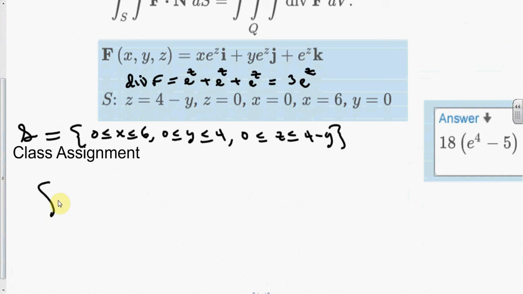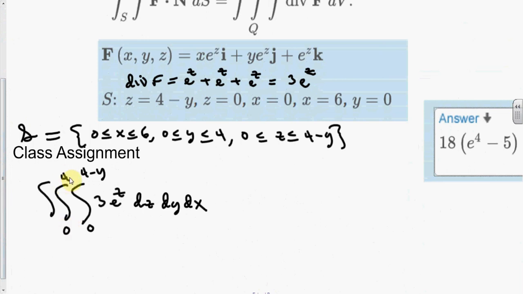So we have this triple integral, and that was 3 times e to the z. Let's say here we use dz first, dy, dx. Z goes from 0 to 4 minus y.